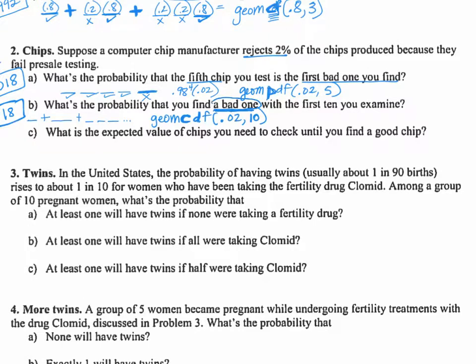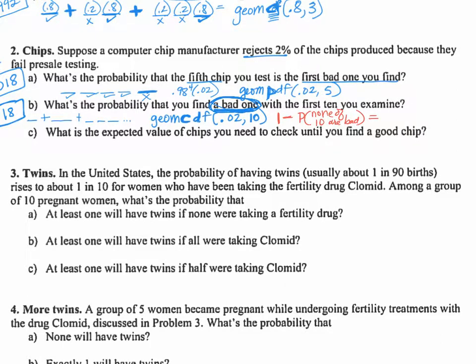So if you are finding a bad one, that's the same thing as saying at least one. And what do we do for at least one? We have the probability of at least one. It's 1 minus the probability that none of the 10 are bad.